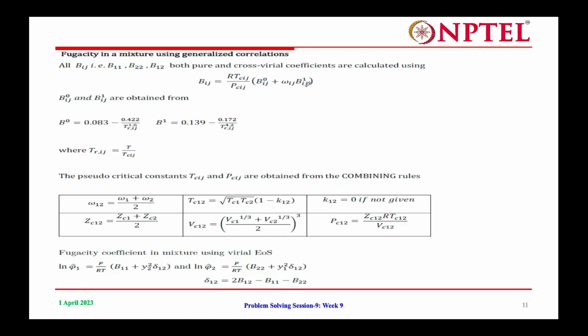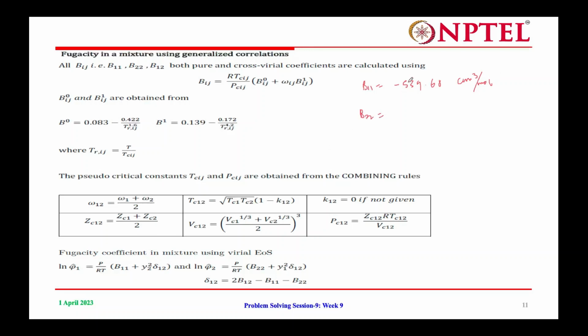And Bij calculate from this. So B11 is equal to minus 539.68 centimeter cube per mole.